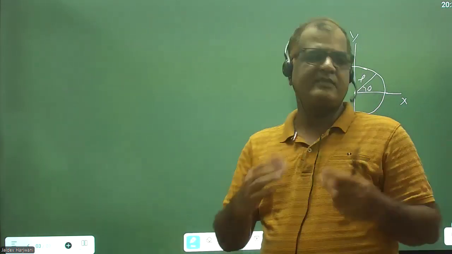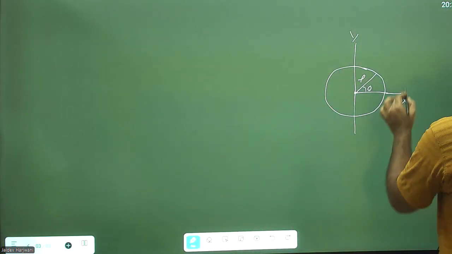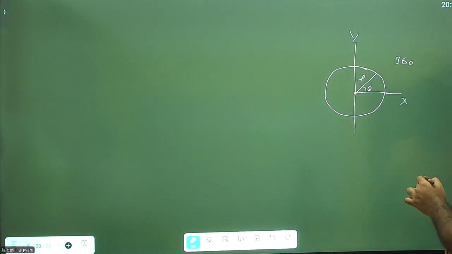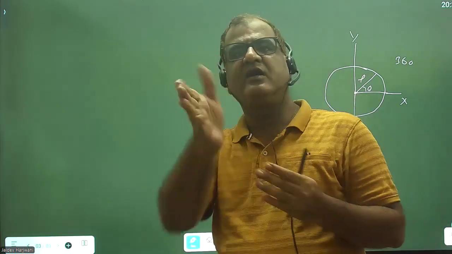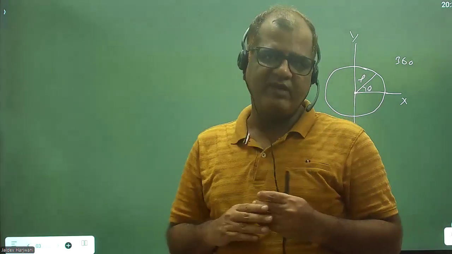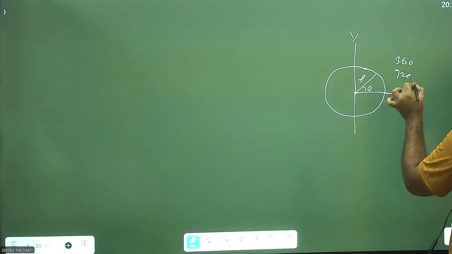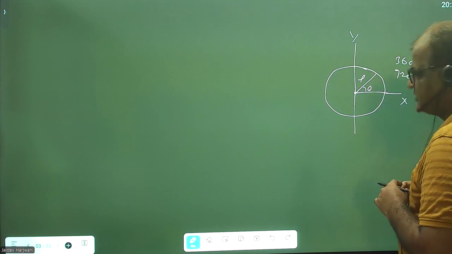So if I can measure the angle with 1 degree accuracy, there are a total of 360 states because there are 360 degrees. Similarly, if I have a device which can measure this angle with half degree accuracy, then I have a total of 720 states. The rod can be in any of the 720 states.